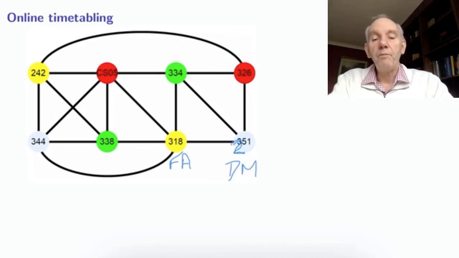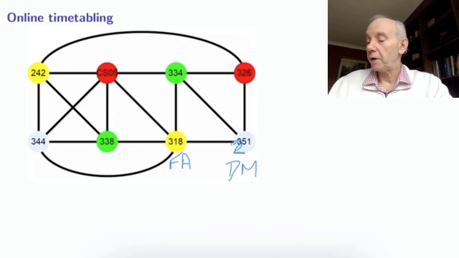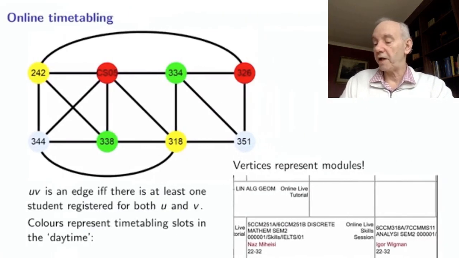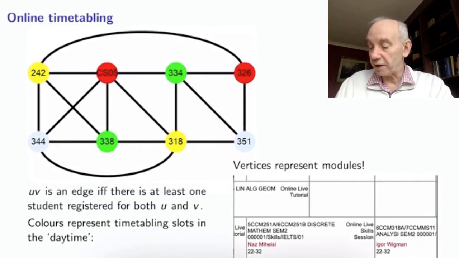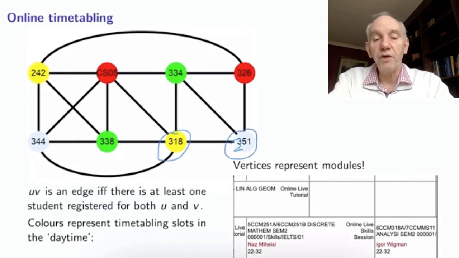Okay. The idea here is that each vertex, forgetting the colours for the moment, represents a module. And an edge means that one or more students are taking both modules. So what I'm supposing here is that there is at least one student doing both Fourier analysis and discrete maths in the third year.